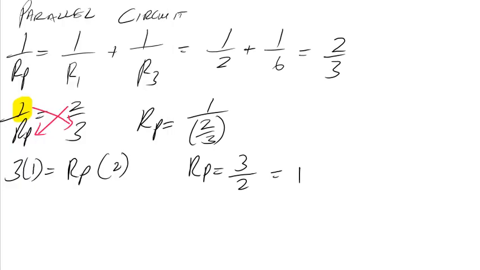So you've got 1.5 ohms. Remember to write the units. If you don't write the SI units, your answer is wrong. So this is how you do the parallel circuit.